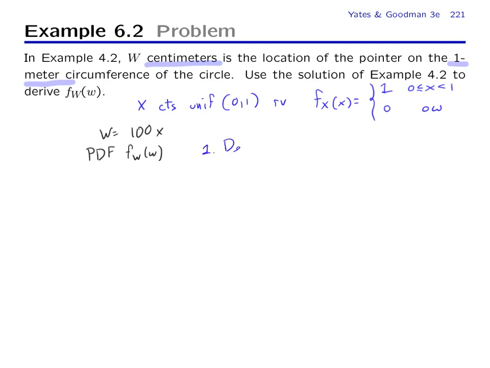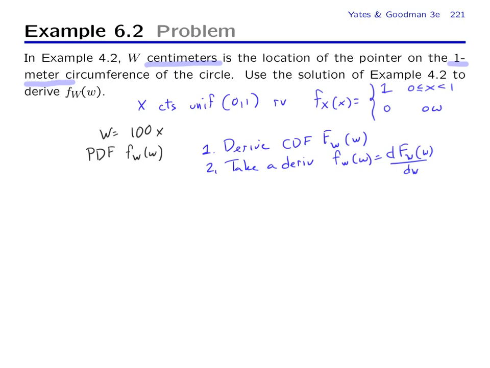One, we derive the CDF of W. And two, we take a derivative to find the PDF. Whenever you get stuck on a problem that involves finding a PDF, my suggestion is you always use this two-step procedure unless you've specifically learned a situation where you have a theorem that applies.